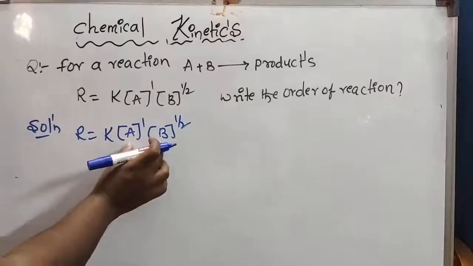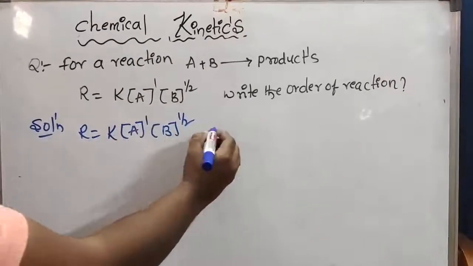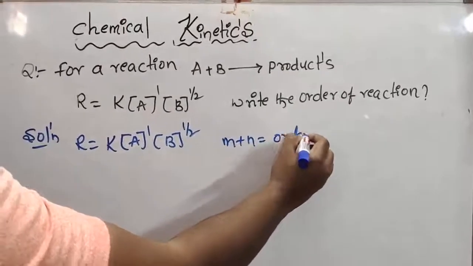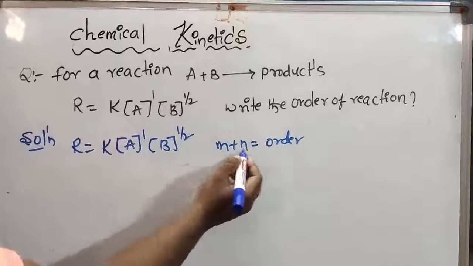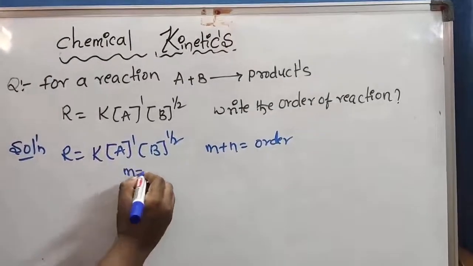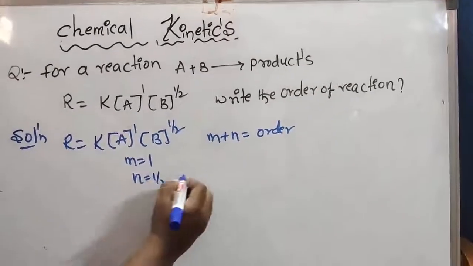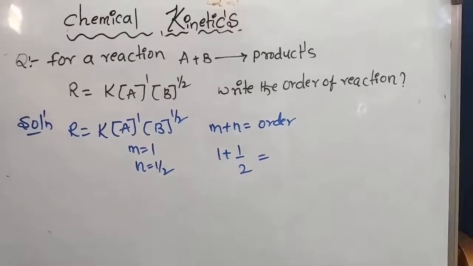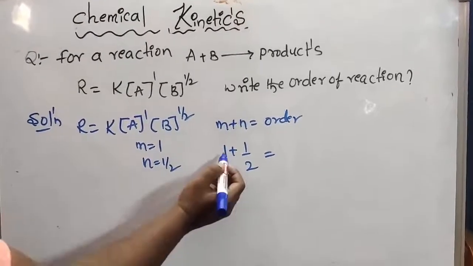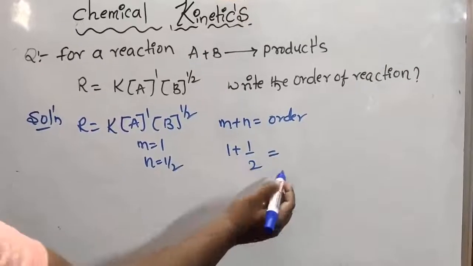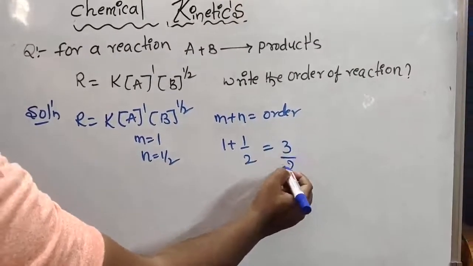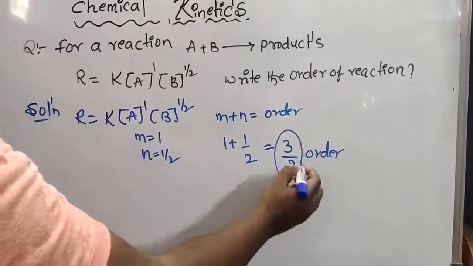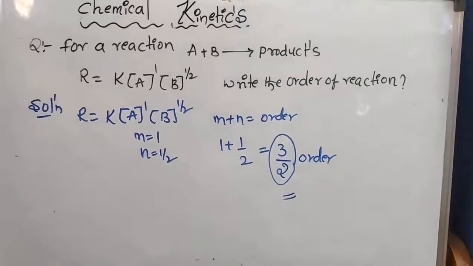The sum of powers of concentration of reactants, M plus N, equals the order. So M equals 1 and N equals 1 by 2. So 1 plus 1 by 2, 2 ones are 2, 2 plus 1 is 3. So 3 by 2 is the order. So here it is the right answer: 3 by 2 is the order of reaction.